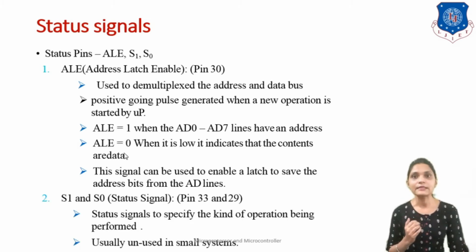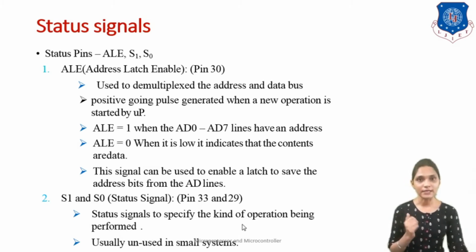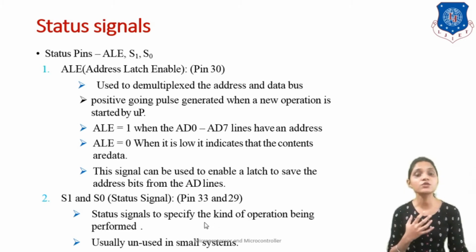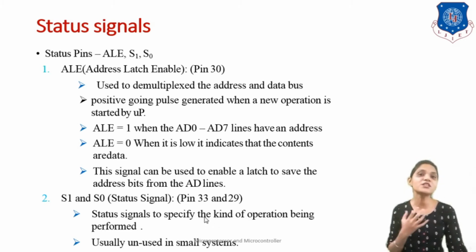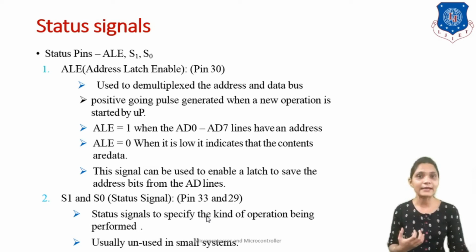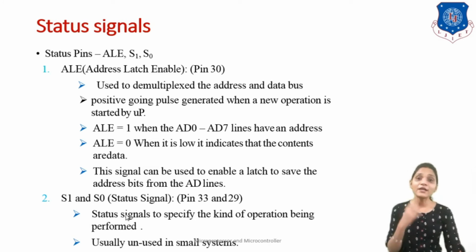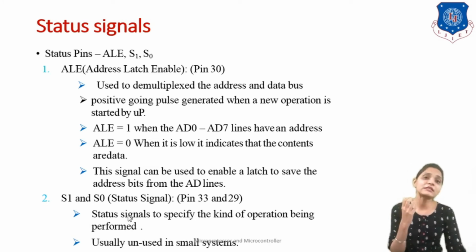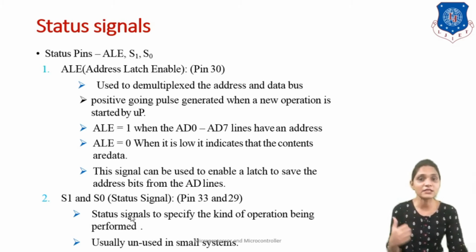The second status signals are S1 and S0. These are at pin numbers 33 and 29. These signals are used to specify what kind of operation is being performed at that time. Usually for smaller systems you don't use them, but by using these signals you can find out which type of task is done, like memory read, memory write, IO read or IO write.